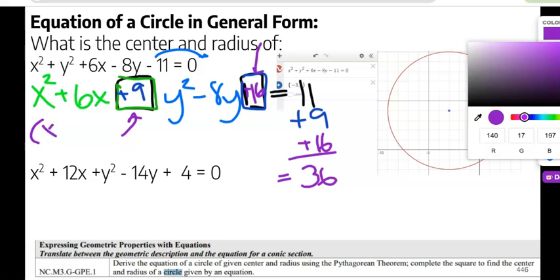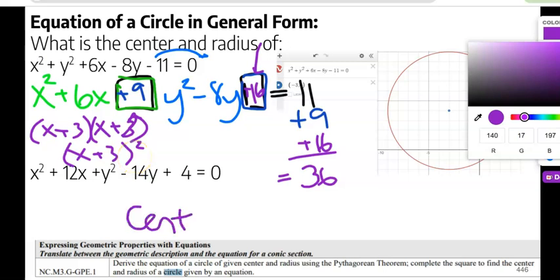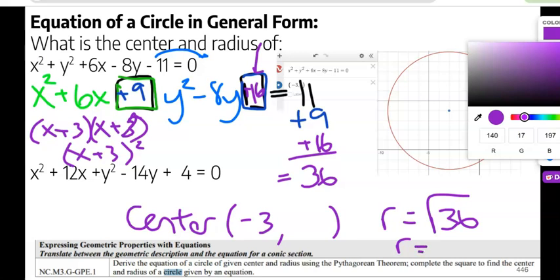So this factors down to x plus 3 and x plus 3, which is x plus 3 to the second power, which is beautiful because remember, this is part of my center, but it's always opposite. So I know that my center is going to be at -3 something, and my radius is going to be the square root of that 36. So my radius is going to be 6.